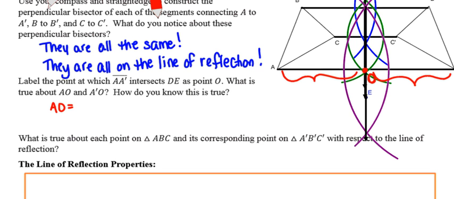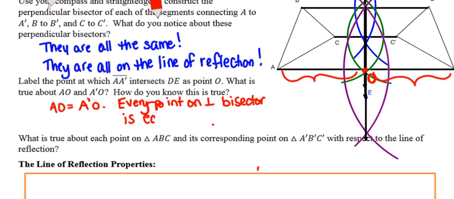So the distance between point A and O is the same as the distance between point A prime and O. How do I know this? Well, point O is on the perpendicular bisector, and I know that every point on the perpendicular bisector is equidistant from each endpoint. That we learned in the first unit.